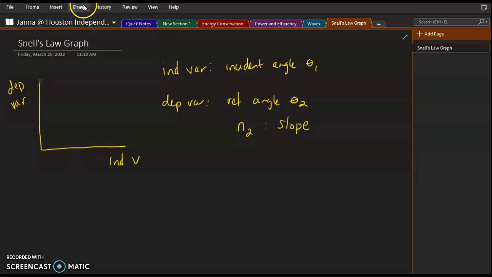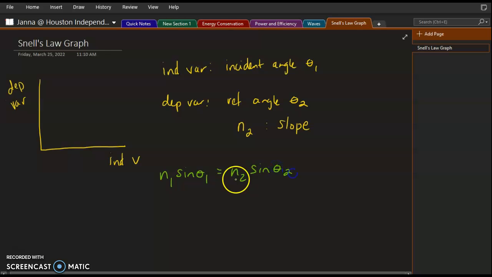So if I look at the equation for Snell's law, it is N1 sine theta 1 equals N2 sine theta 2. I'm hoping that the slope of the graph will give me N2. So I'm going to manipulate this equation algebraically to solve for N2.